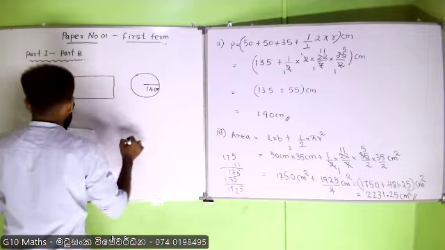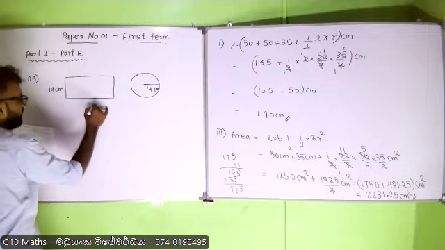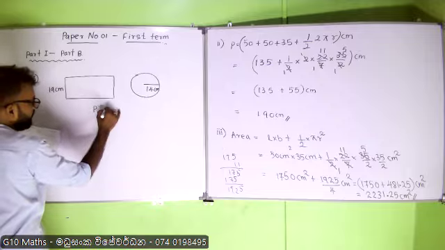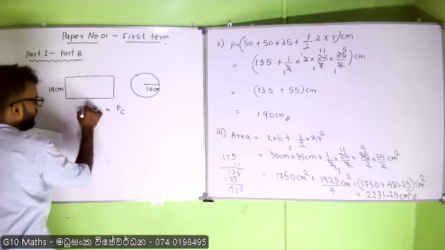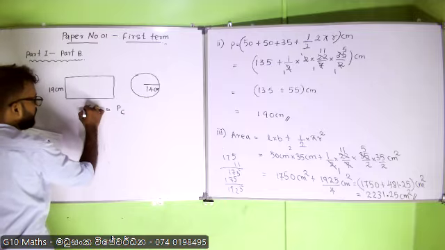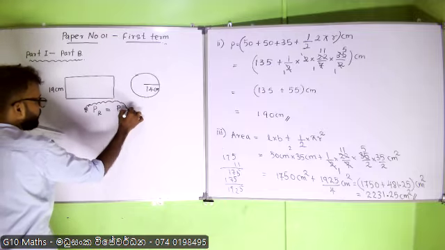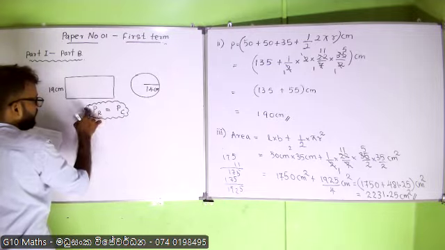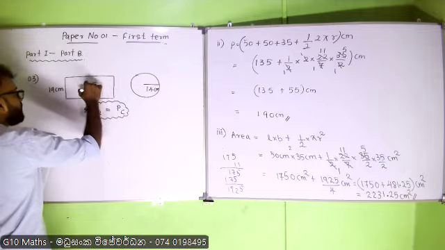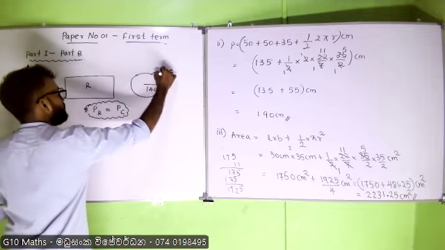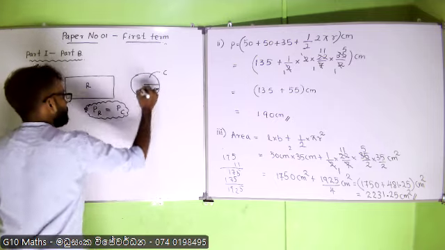The perimeter of this rectangle equals the perimeter of this circle. This is important, you need to remember that they have given. I will refer to this as the rectangle and this as the circle.